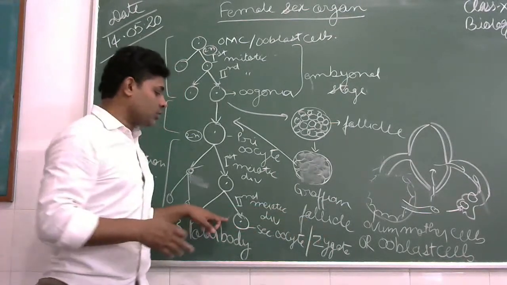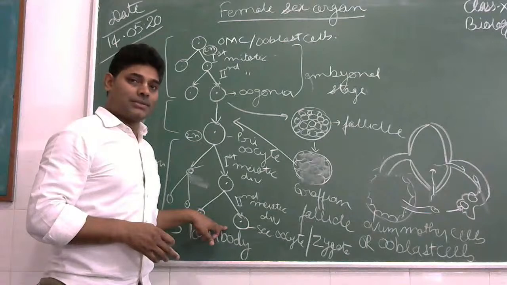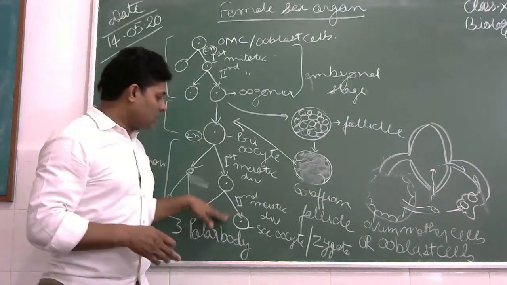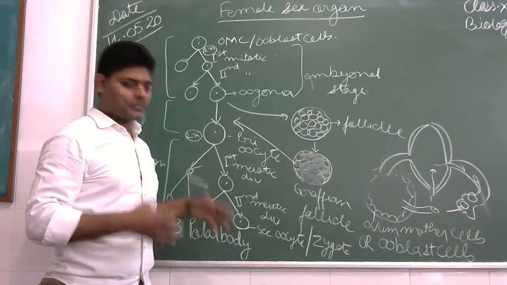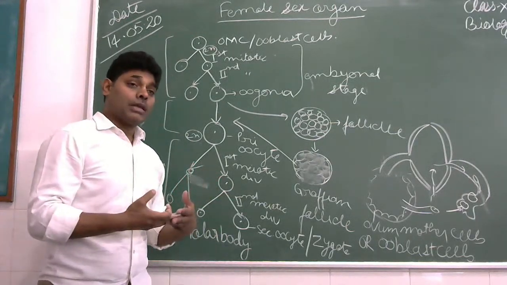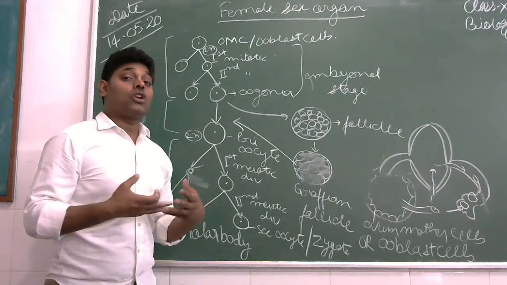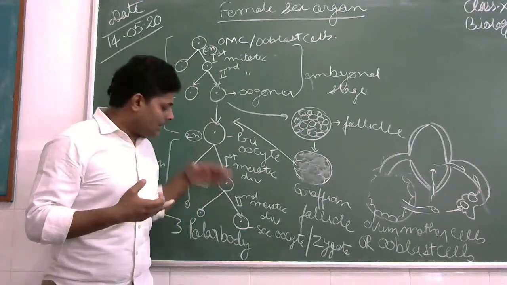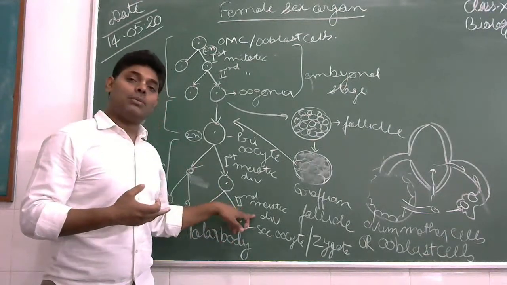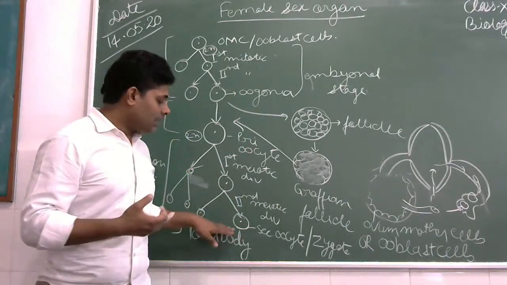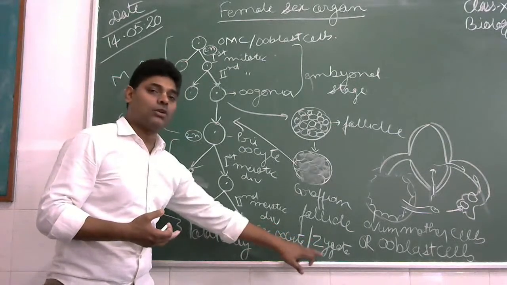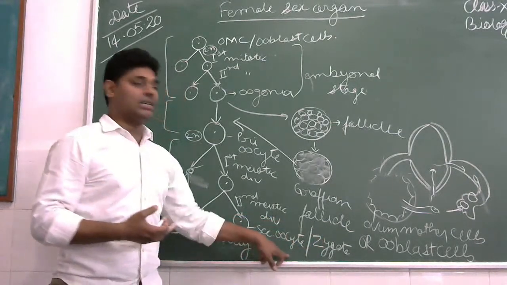We are not able to see the secondary oocyte because before the completion of the second meiotic division it is attached to the sperm. The meiosis completes and at the same time fusion of nuclei occurs. So directly we see the zygote, not the secondary oocyte.